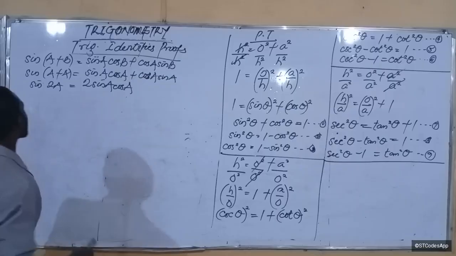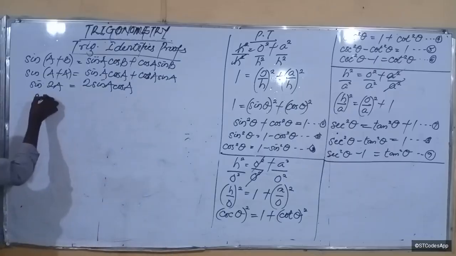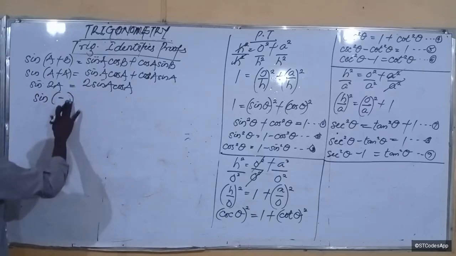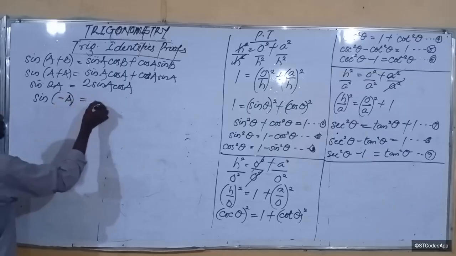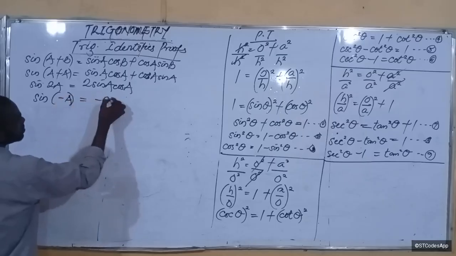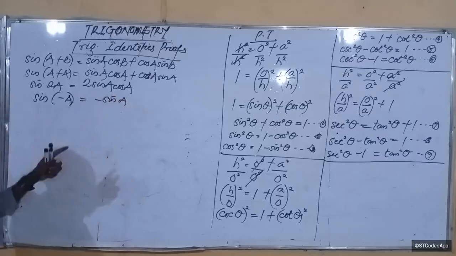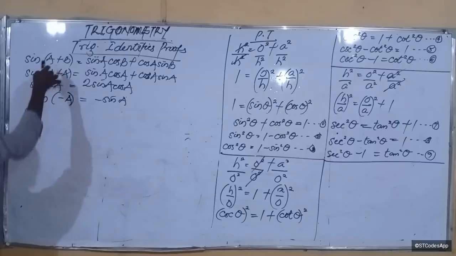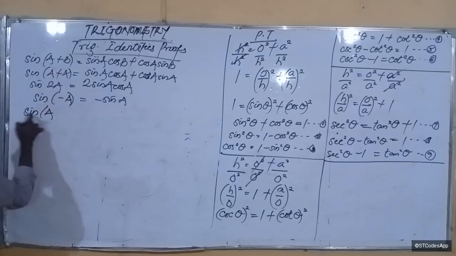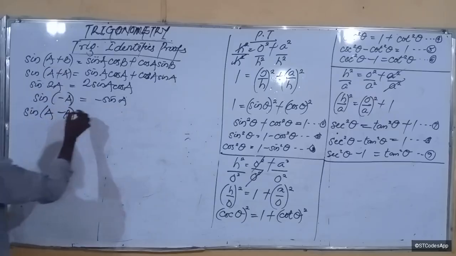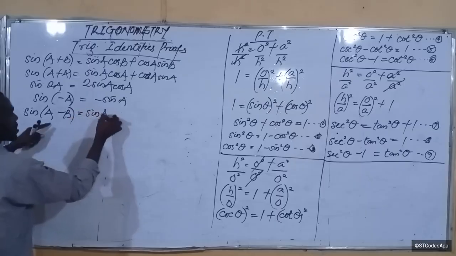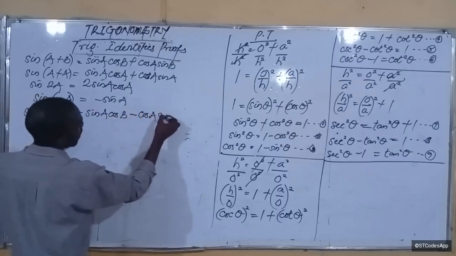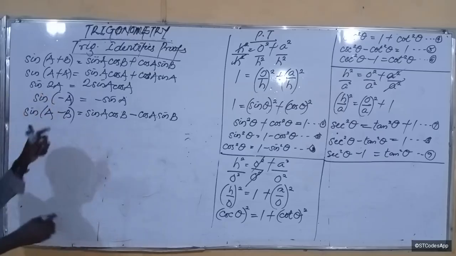Now, one thing is that the sine of a negative angle, for example sine of minus A, is equal to the negative of the sine of A. So if this is the case, then if I change this formula to minus, such that I have sine of A minus B, it will be the sine of A cos B minus the cosine of A sine B. So this holds true.